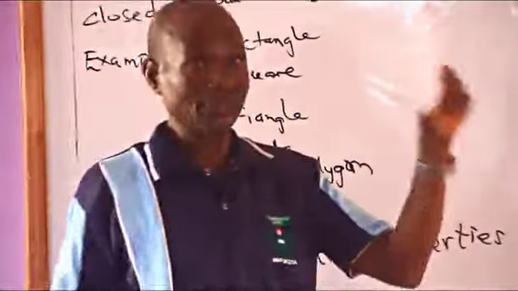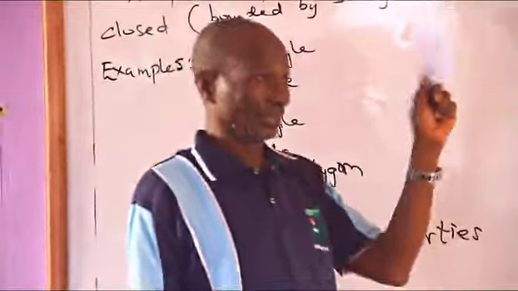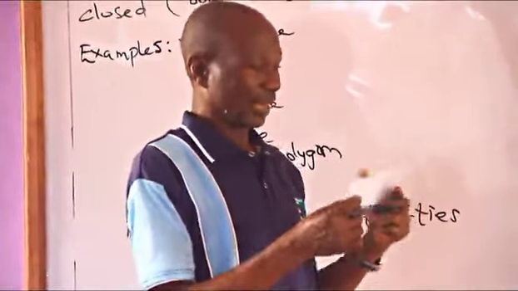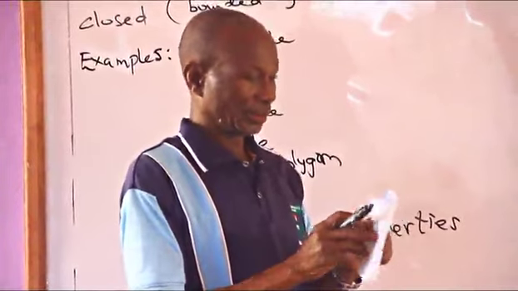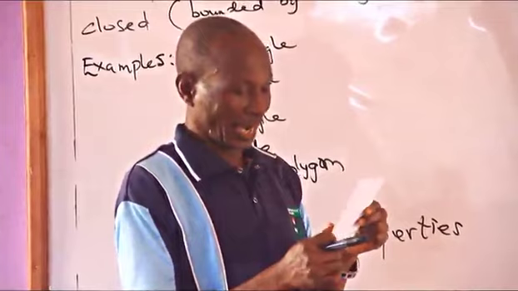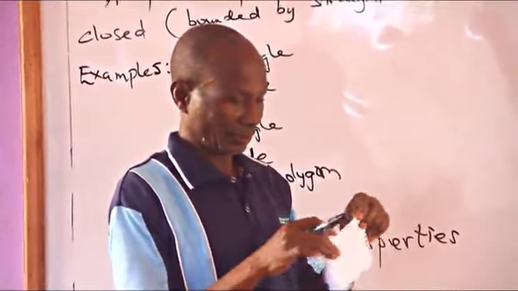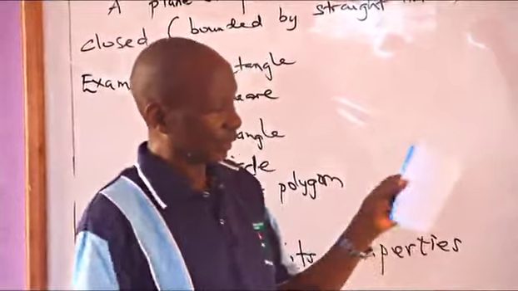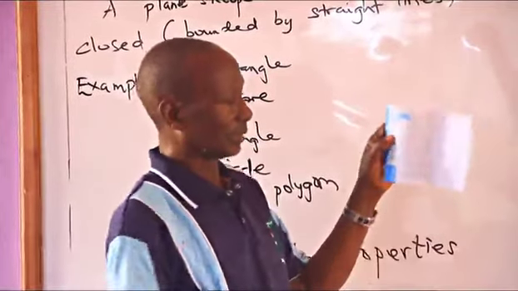Now the paper I'm holding here is just a sheet of paper in the form of a rectangle. If I fold it into two equal halves, as I'm folding it here now, look at it.